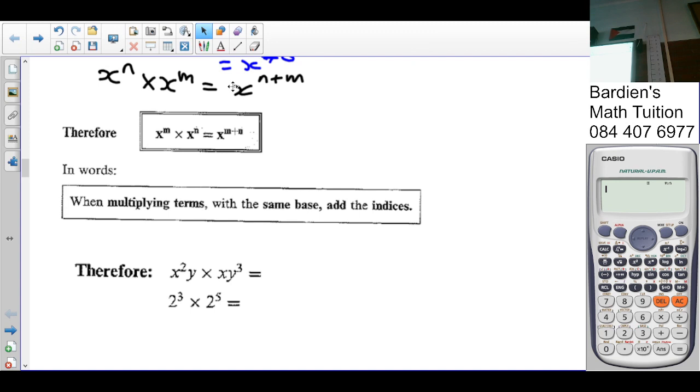So write that down. Okay, so there's a law in words now.